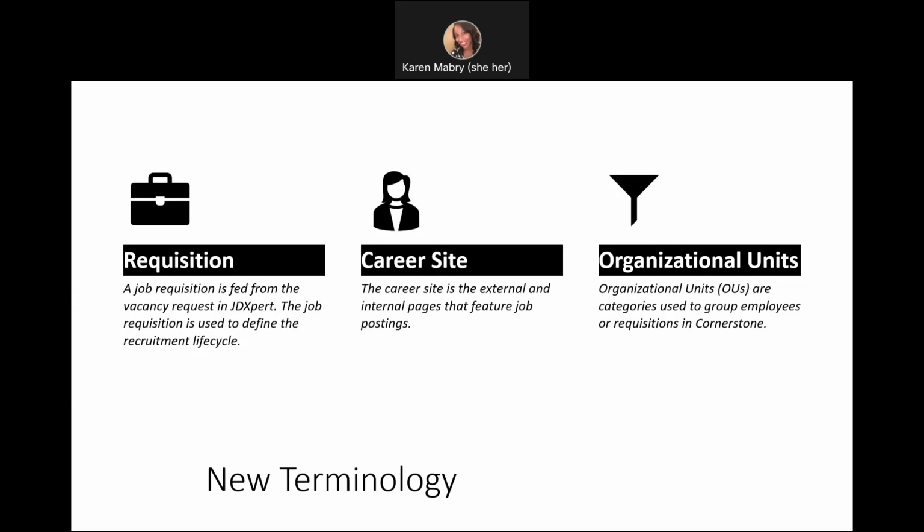Now, the next term is career site. The career site is the external and internal pages that feature job postings. The external site is the public site that our external candidates would have access to.